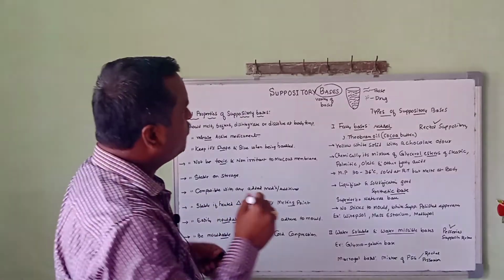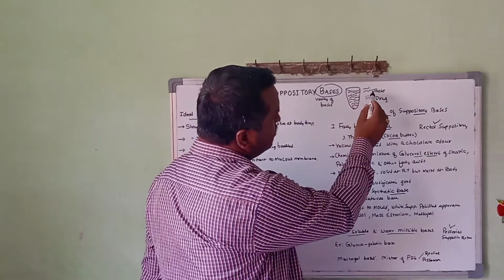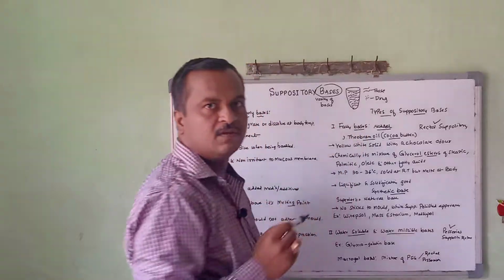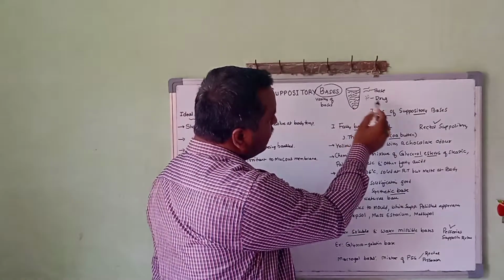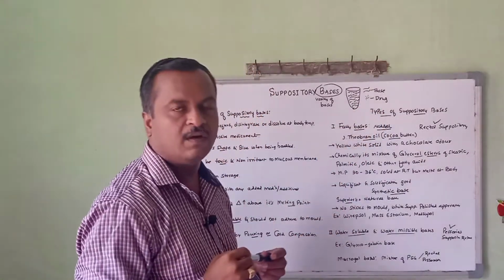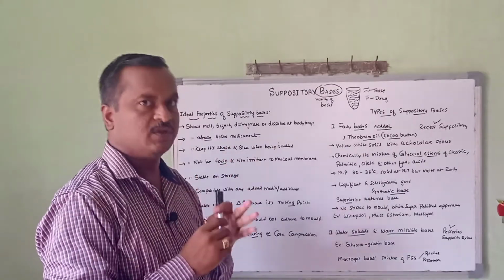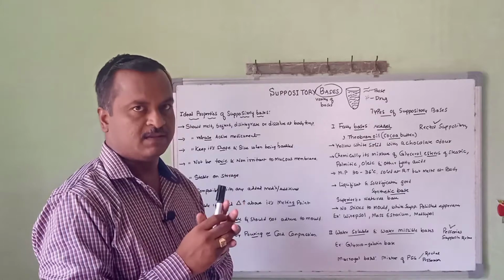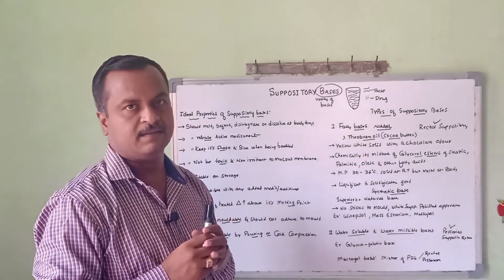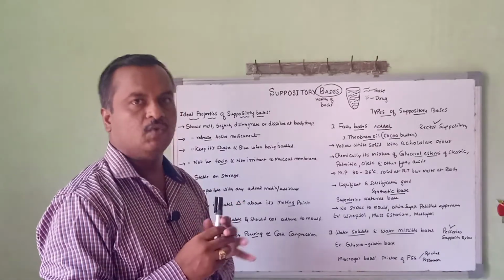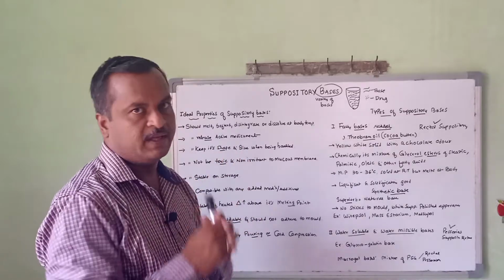First of all, the base is nothing but the lines which I have shown, and the dotted part shown in this figure is called the drug. To make the shape of your suppository, you need a base. That base is a carrier or a vehicle to hold the active medicament.